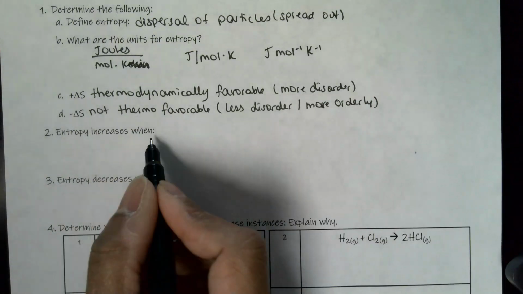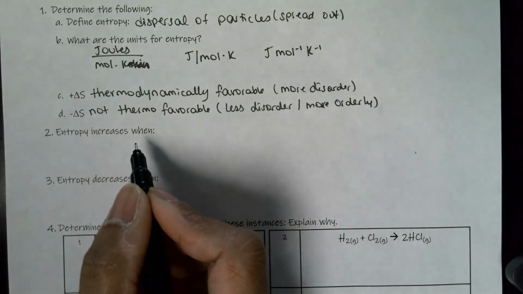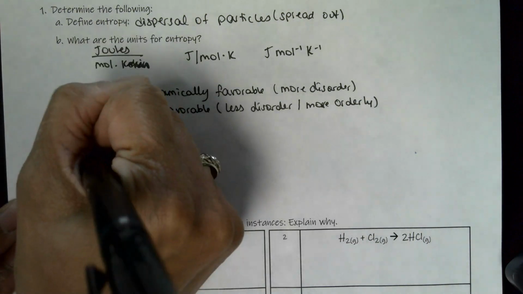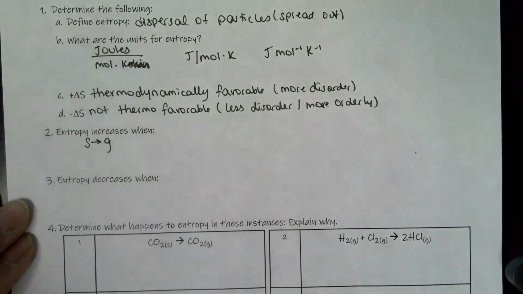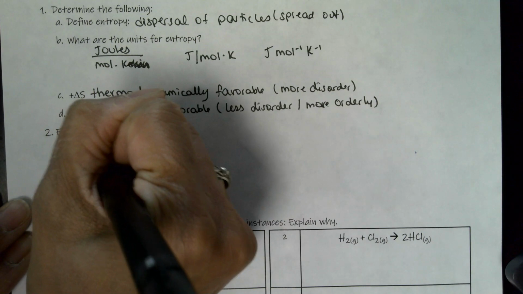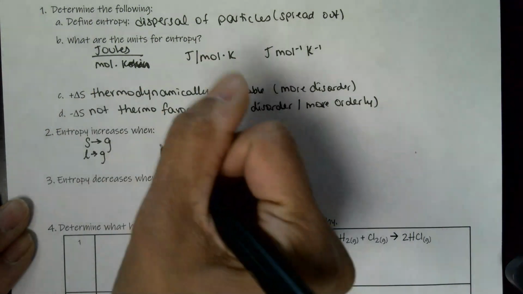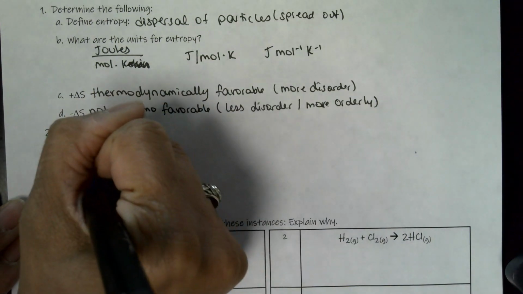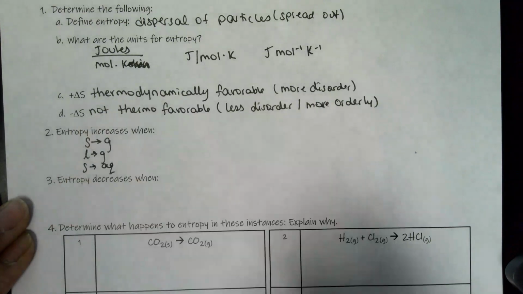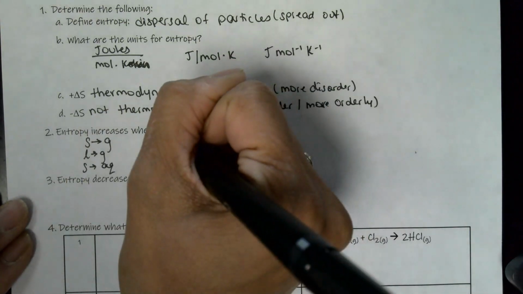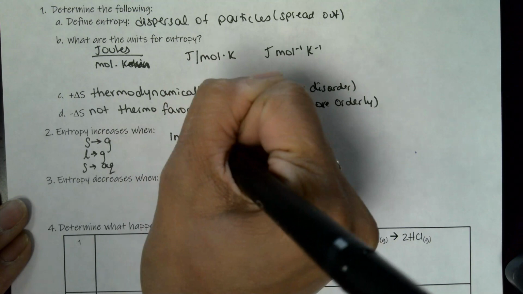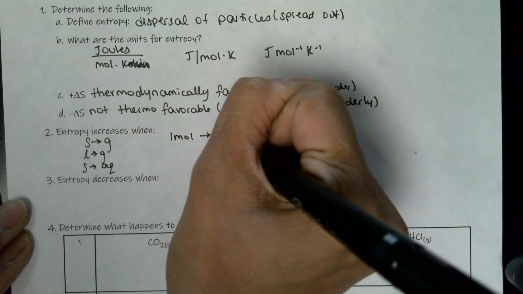All right, so entropy increases when you are going from, let's say, a solid to a gas, or a liquid to a gas, or a solid to an aqueous solution. Maybe you're going from 1 mole of something to 2 moles of something.